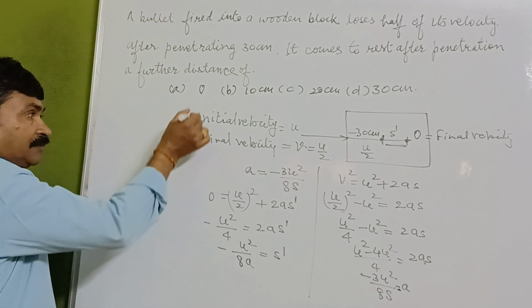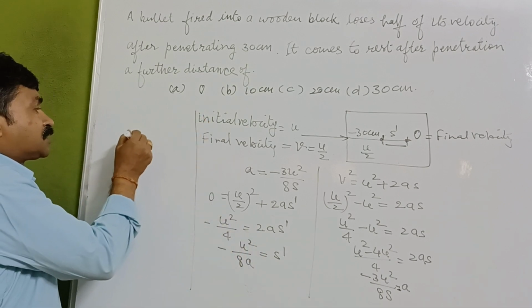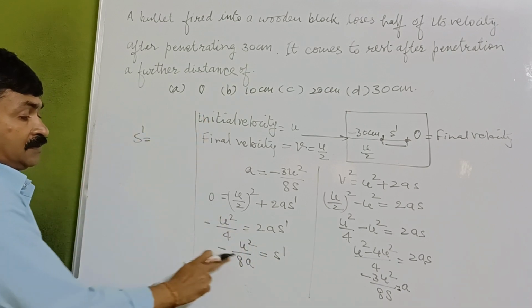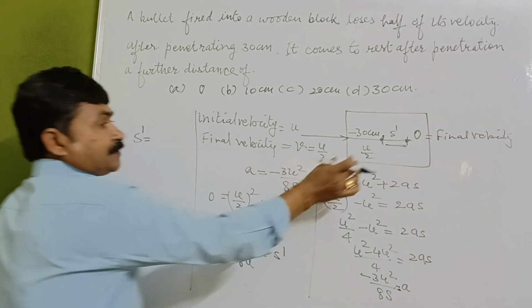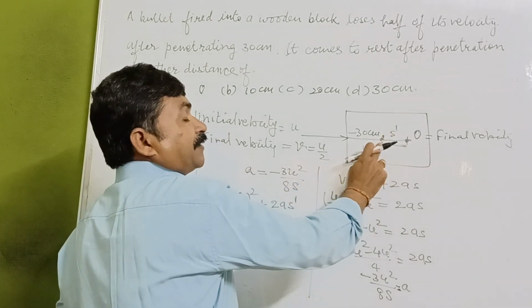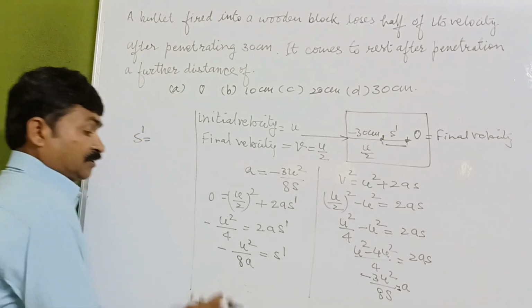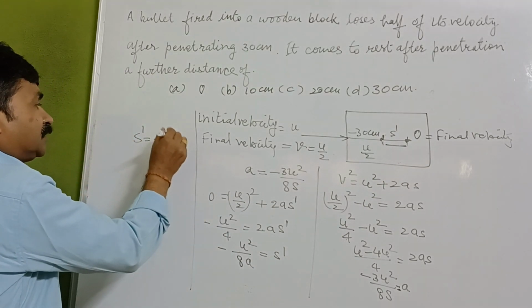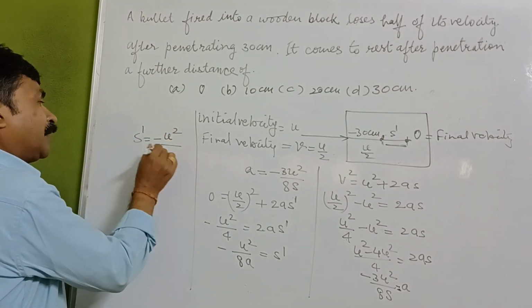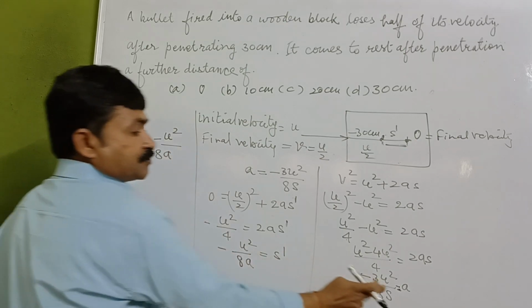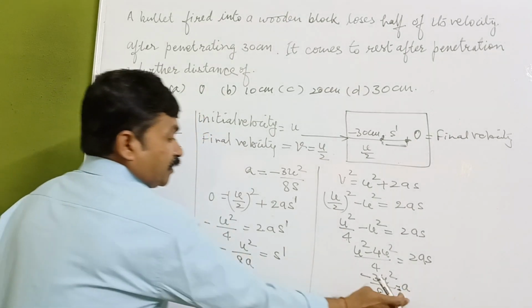Now we go through the final result, s dash. We have calculated the penetrated distance after penetration of 30 centimeter. So here we have u square upon 8a. And we can substitute the value of acceleration from here.